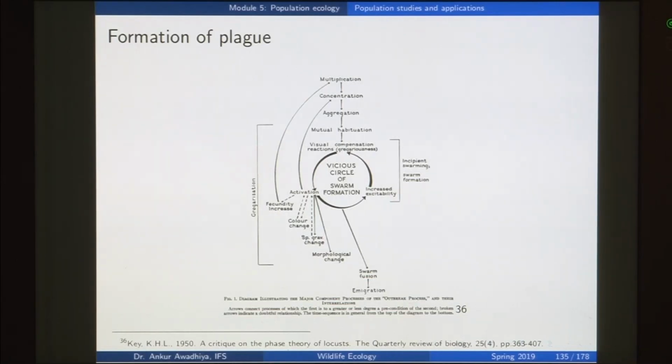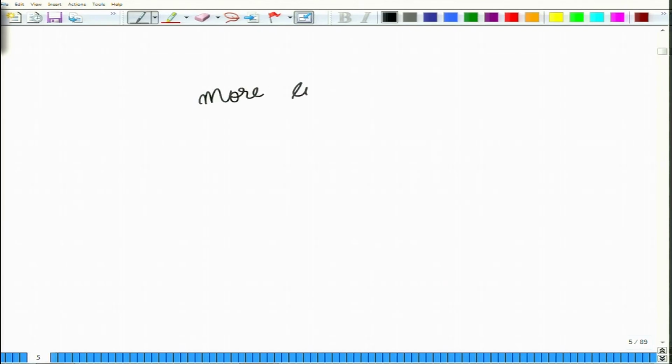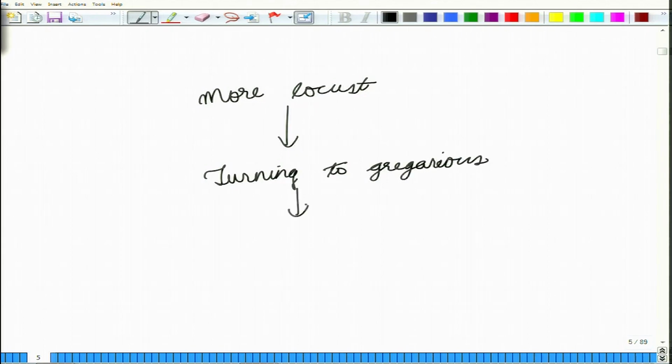So, if you have more locusts, more locusts will lead to turning to gregarious phase. Now, if you have a group of locusts that have turned into gregarious phase, then they will have more fecundity, because they will lay eggs very quickly, and these eggs will also have a very high amount of nutrients.